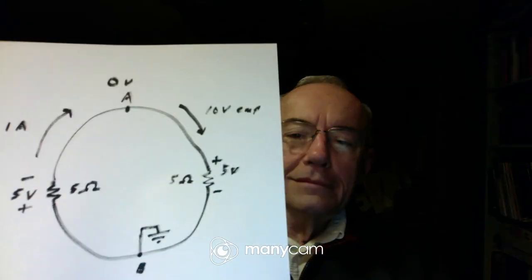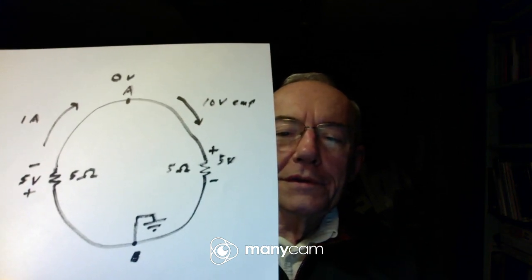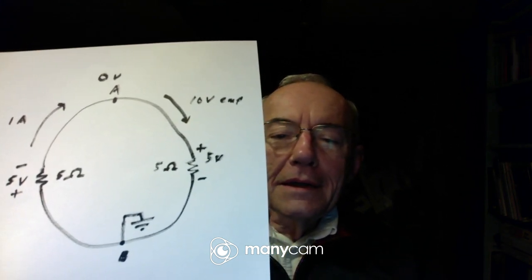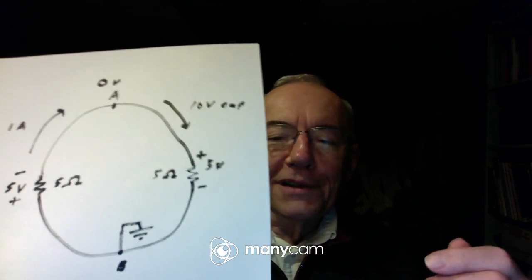Okay, for the next example, let's have 2 resistors, 2 5-ohm resistors. I'm no artist, so please assume that all these are perfect circles.